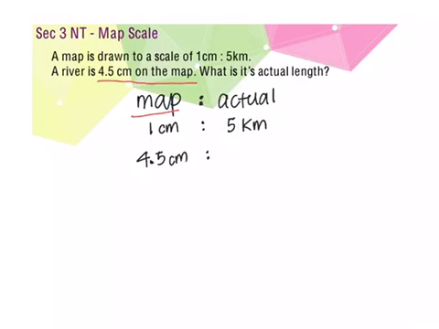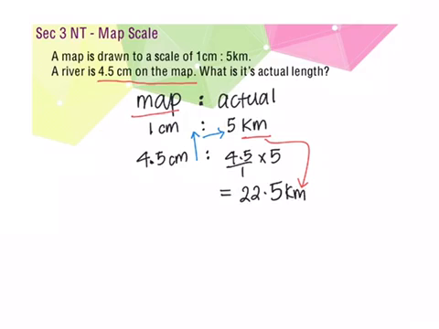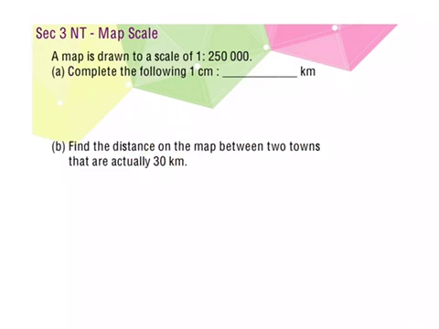How are we going to find the actual? We'll do the following working: 4.5 over 1 times 5 kilometers. That will give us the answer 22.5, and the unit at this side is kilometers. Then we answer the question: the actual length is 22.5 kilometers.